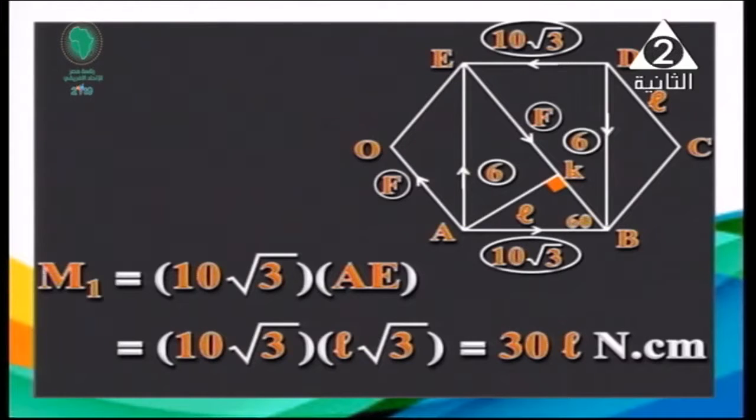Why? Because the magnitude of the couple equals the product of force times distance. The force is in Newton, the distance in centimeter. Then the moment of the first couple, 10 root 3 times L root 3, equals 30 L Newton centimeter.